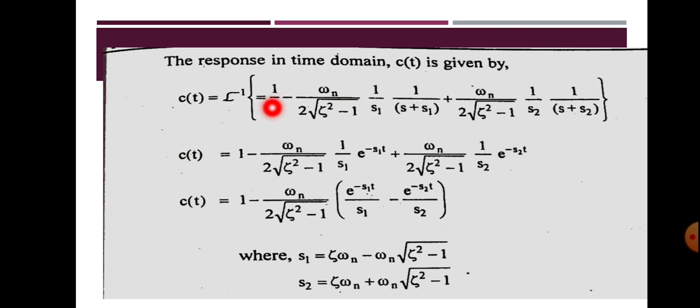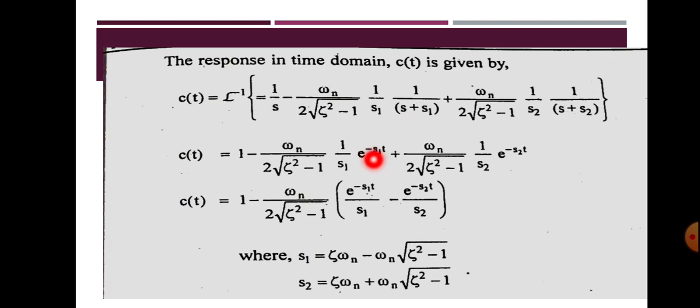The inverse Laplace transform of the first term is 1, and when we take the second term, these quantities are constants, so we keep them there, and 1/(s + s1) has the inverse Laplace transform e raised to -s1 t.